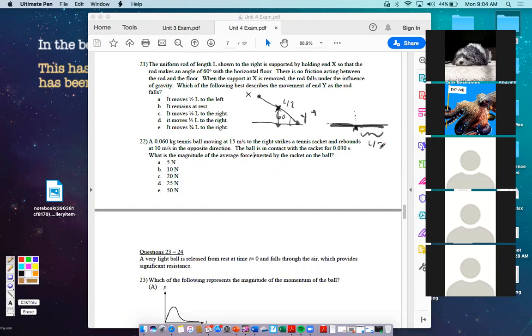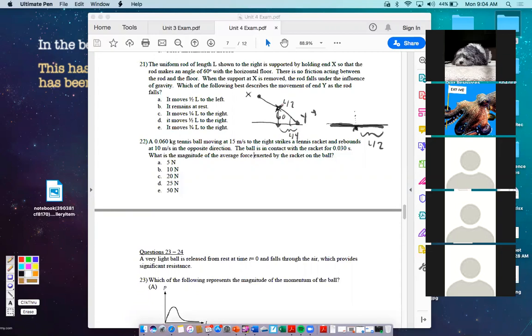over 2 right here. So I want to know, how far did Y displace itself? Well, I can use some trigonometry here and solve for this distance. And the cosine of 60 is 1/2. So this distance here is L over 4.